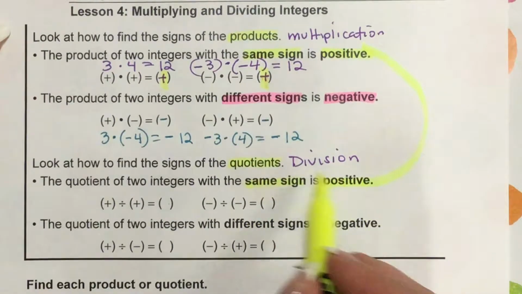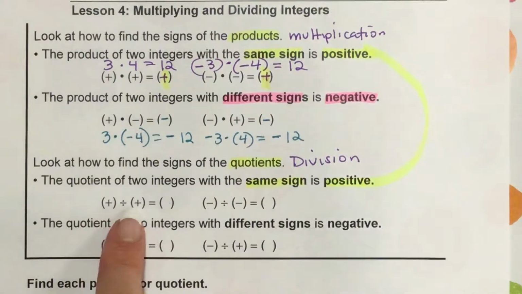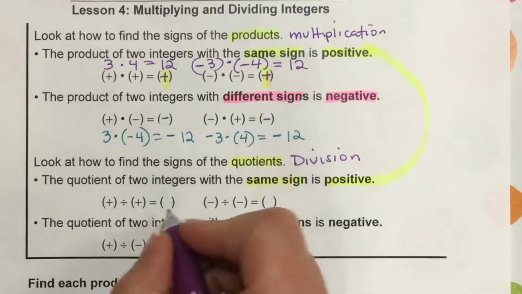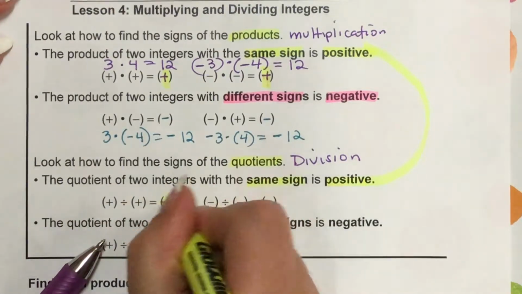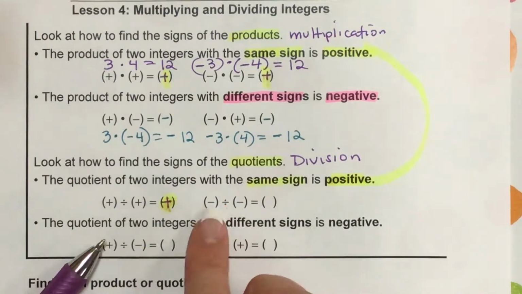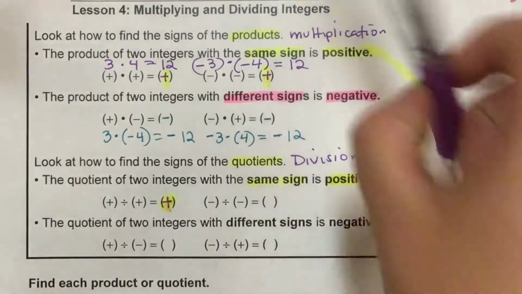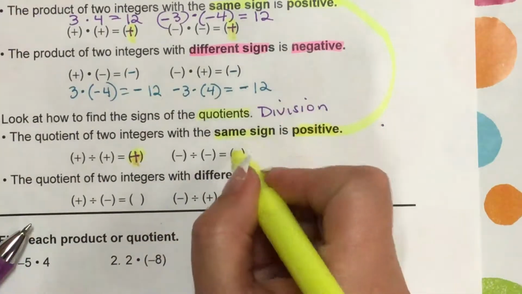Same sign in division, it's positive. So if we have a positive number divided by another positive number, what we end up with is a positive number. Same sign, you end up with a positive, just like it says right there. Or if you have the same sign here, a negative divided by a negative, you end up with a positive, just like that.